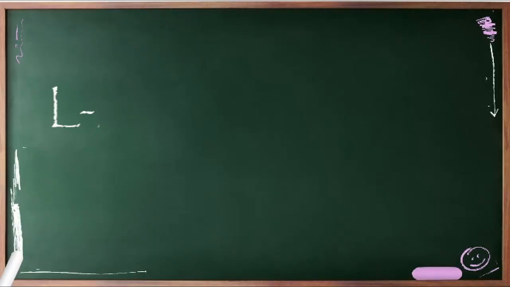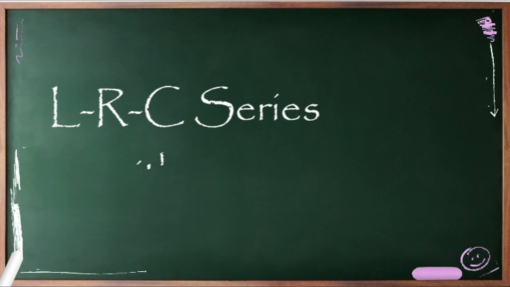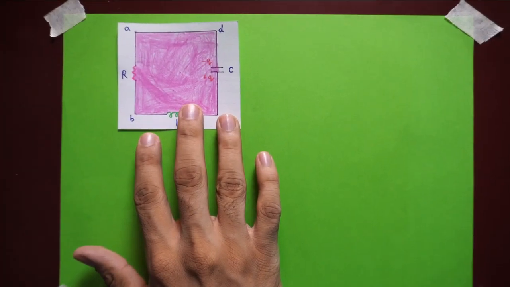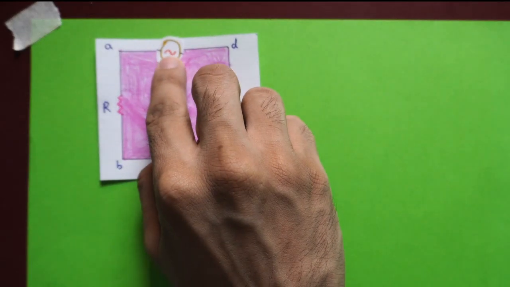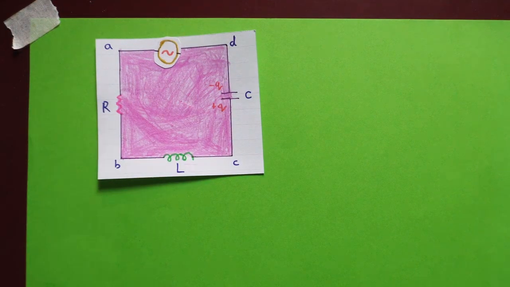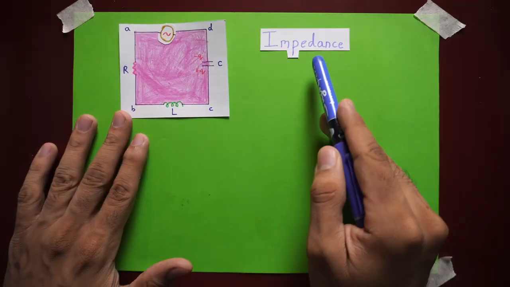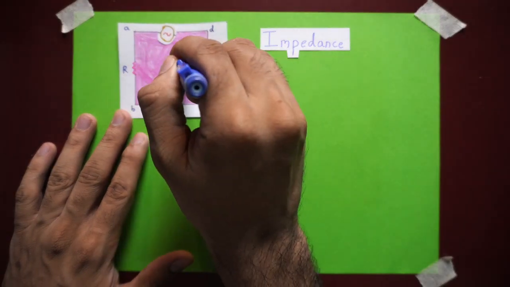Let's see. The LRC series circuit with an alternating voltage source. Let's say we have an LRC circuit with an alternating source voltage. We are concerned with the impedance and the phase angle. For the impedance, we use Kirchhoff's loop rule.